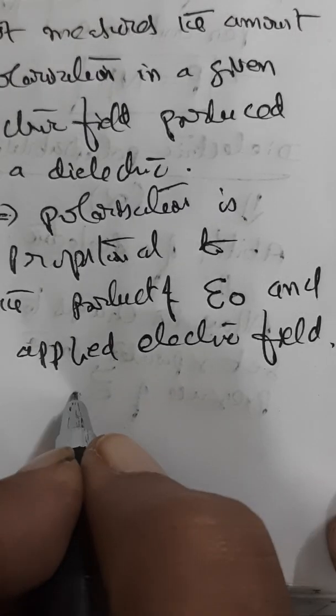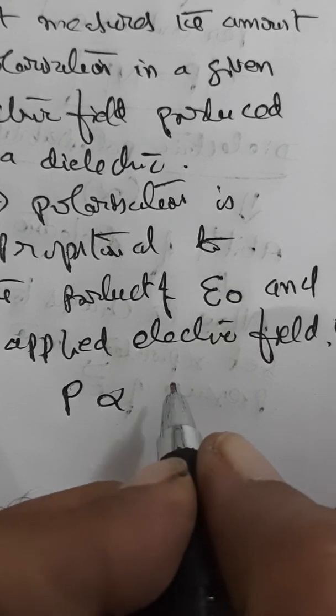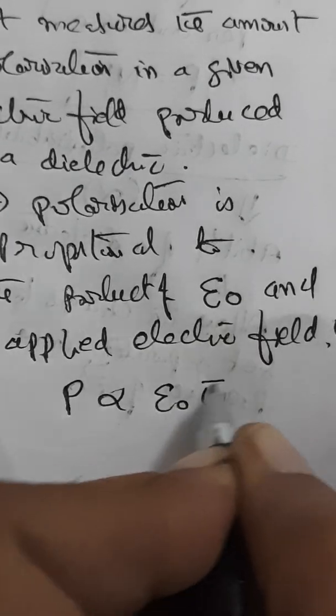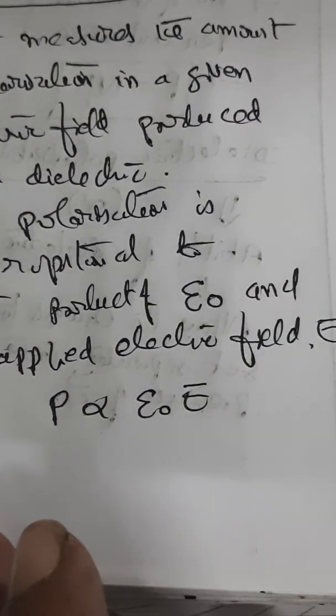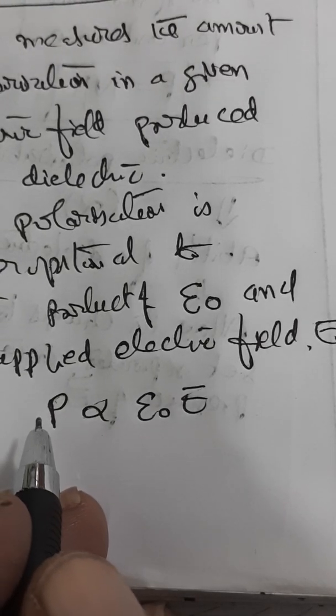That is, P is proportional to epsilon naught E. That is what we have to understand.